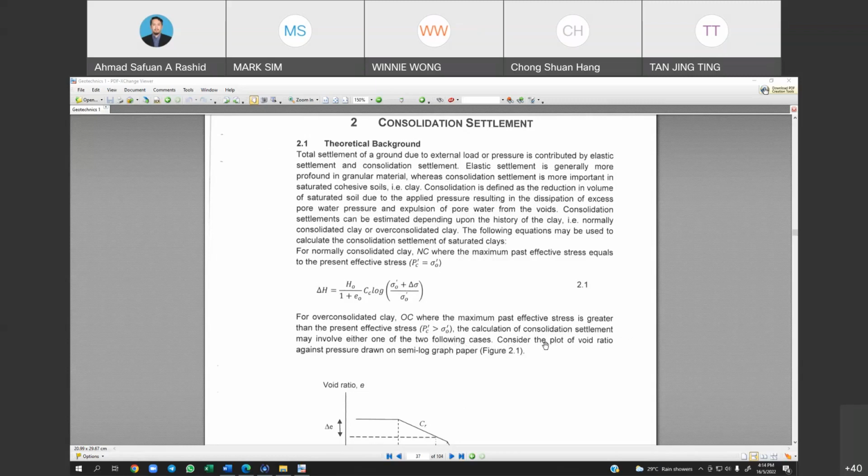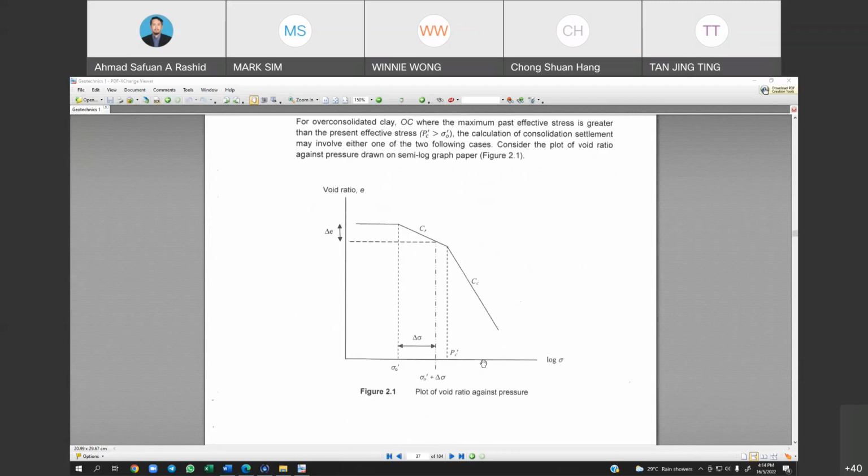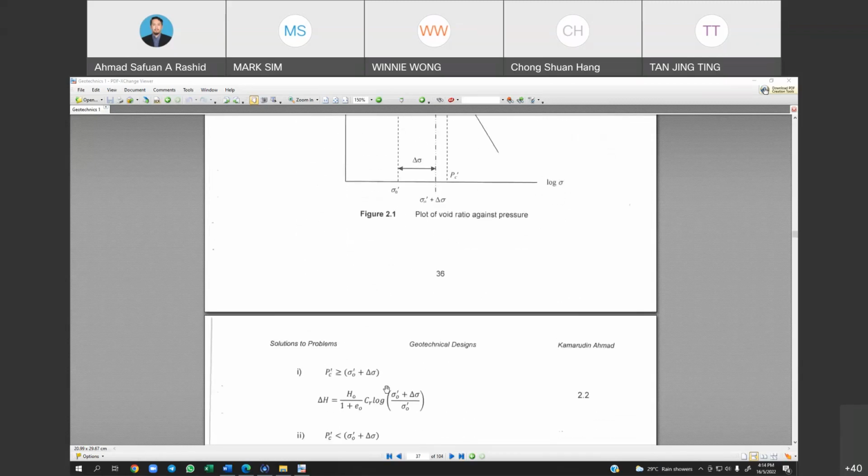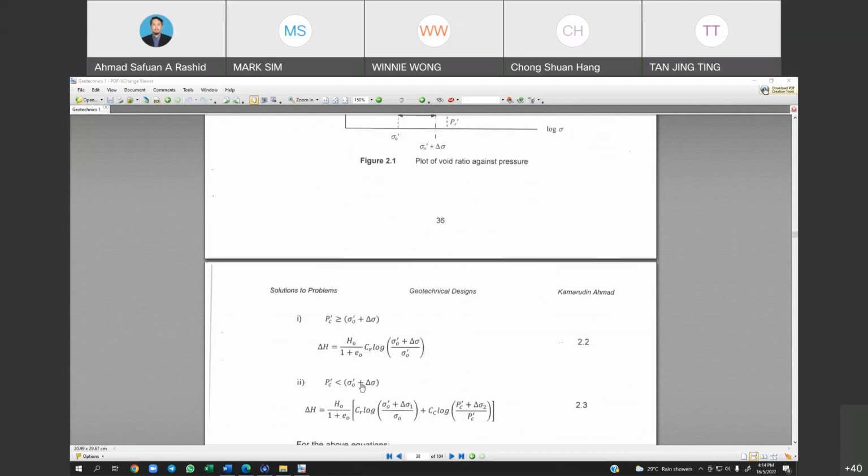As we have noticed previously, if sigma naught plus delta sigma is less than or equal to PC, this is the formula. If PC is less than sigma naught plus delta sigma, this is the equation.